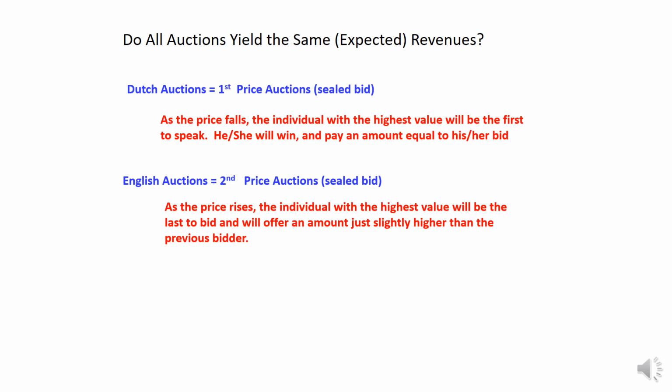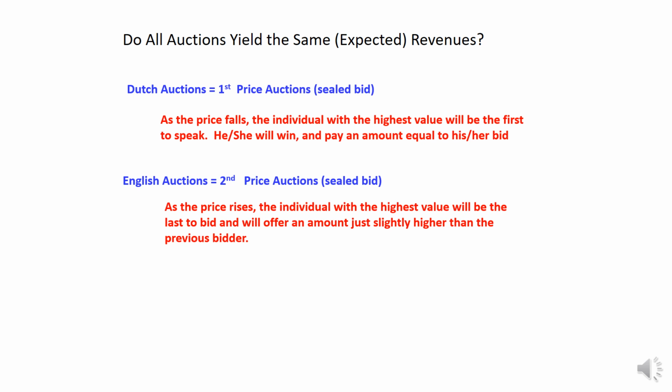Whereas with English auctions and with second price sealed bid auctions, we had incentive to bid up to our true value. In the English auction, it looks a little different because we're not necessarily bidding our true value. We're just staying in the auction until it reaches our true value. But we have incentive to truthfully report.